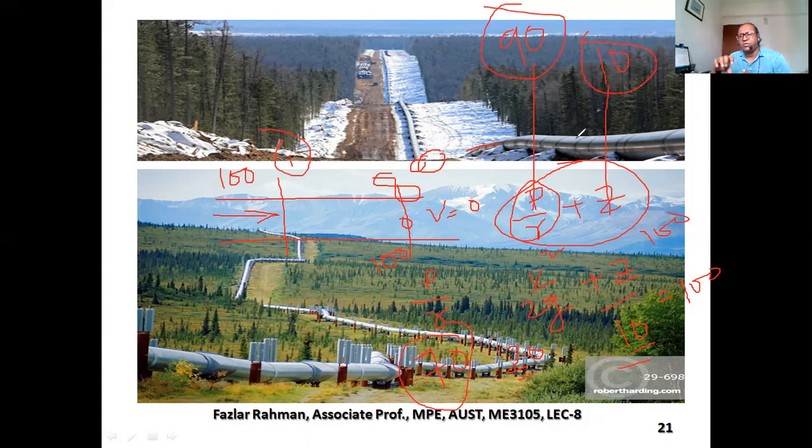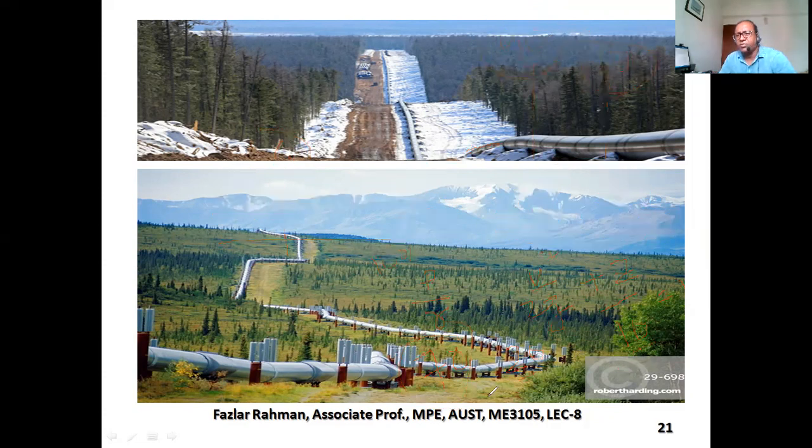So if you close the valve and the fluid is still coming, what will happen? Due to the pressure, your pipeline might burst. So if you work in a petroleum company, you need to check the elevation of all the points, say right over here, how much, right over here, how much.